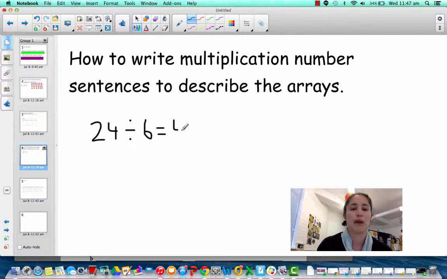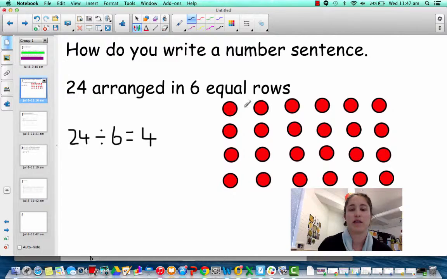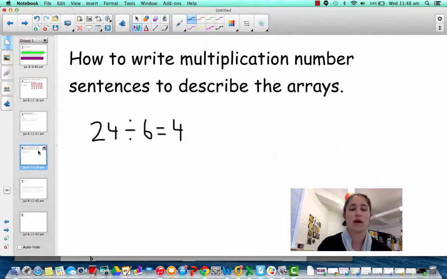Now when we looked back at our array, we can see the opposite: there's 6 and it's times by 4. So the way that we would write this is 6 times 4 equals 24. And that is my multiplication number sentence.